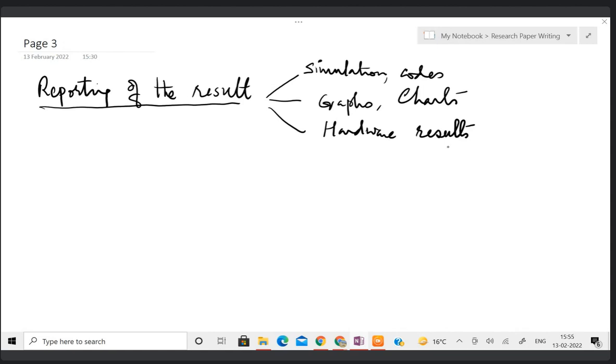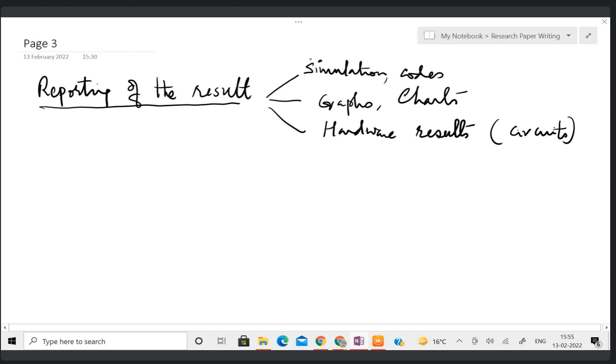Say if you are working on circuits, then you take the results in a hardware setup.